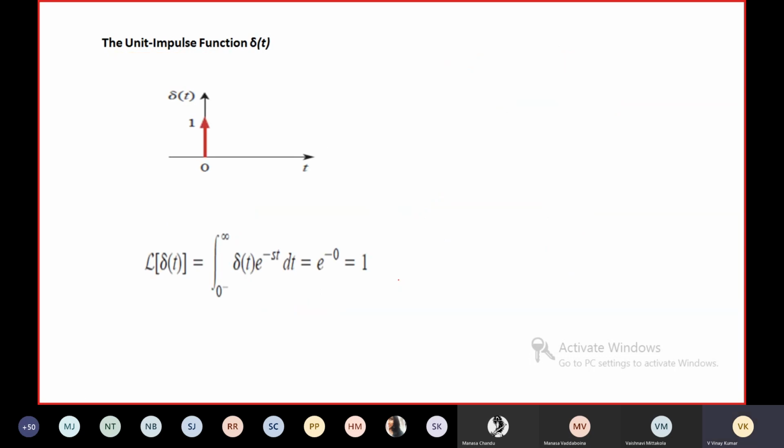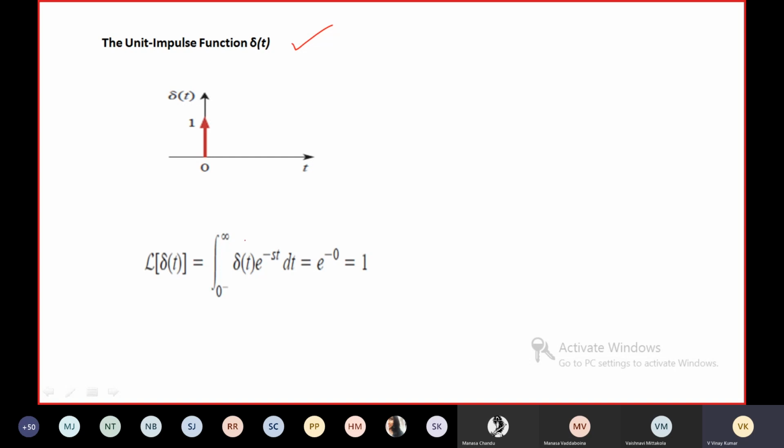Coming to the unit impulse function, represented by del of t. The area of this function is equal to 1. So simply, Laplace of del of t is equal to the integration from 0 minus to infinity of del of t e power minus st dt.